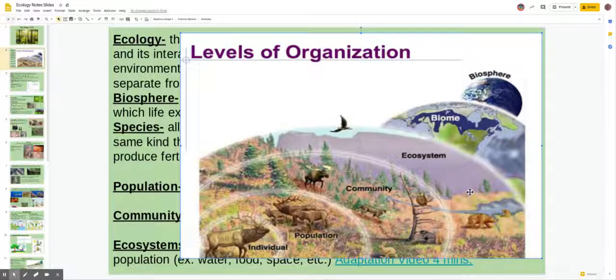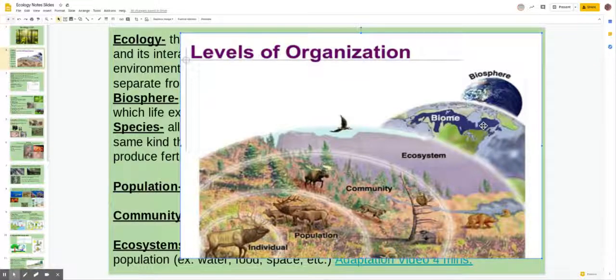And an ecosystem will have specific characteristics of temperature, rainfall, sunlight. It'll have different qualities of soil. It'll have different characteristic organisms that are found there. These ecosystems are organized into different biomes.